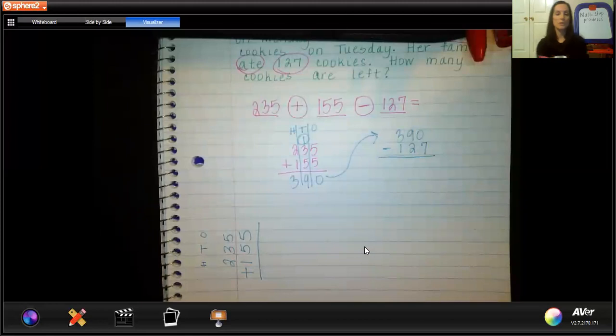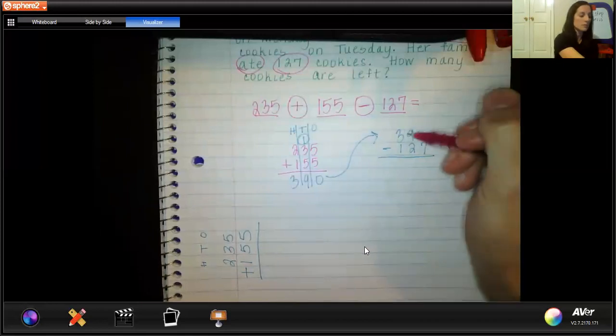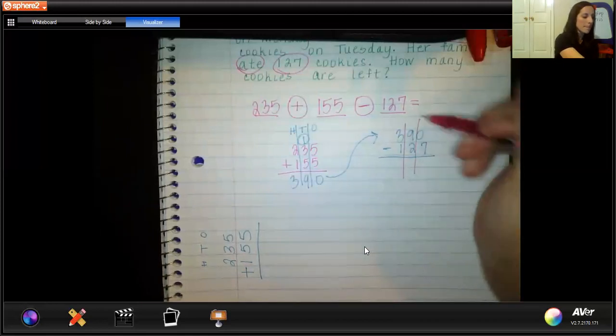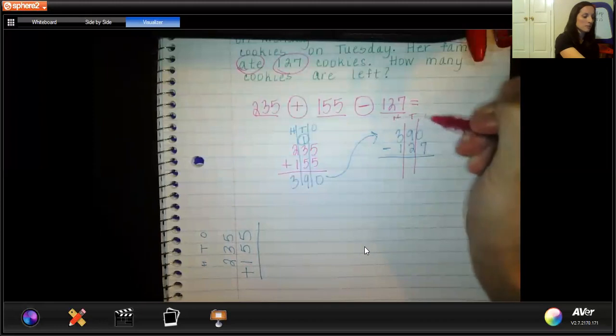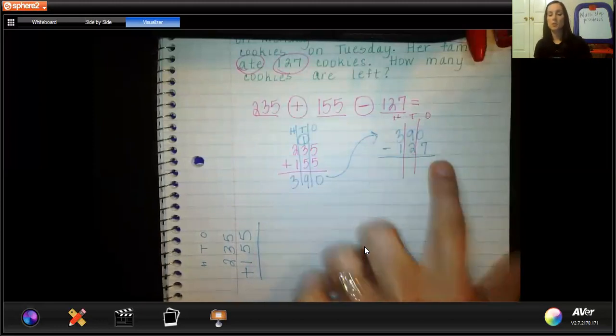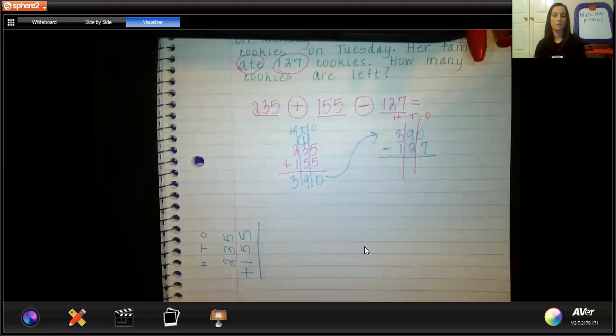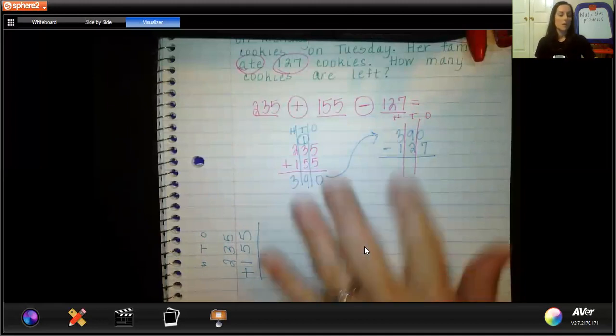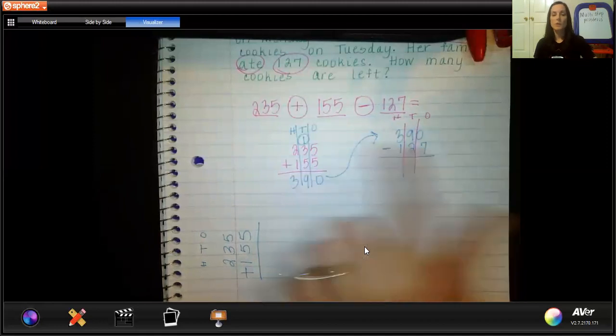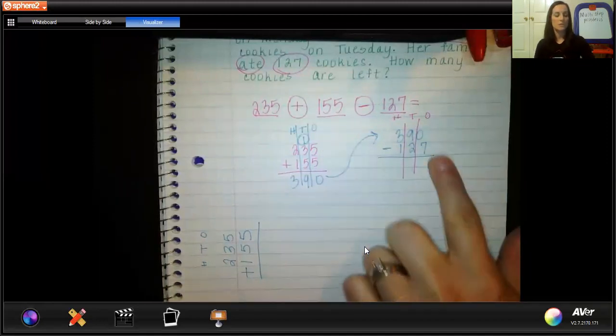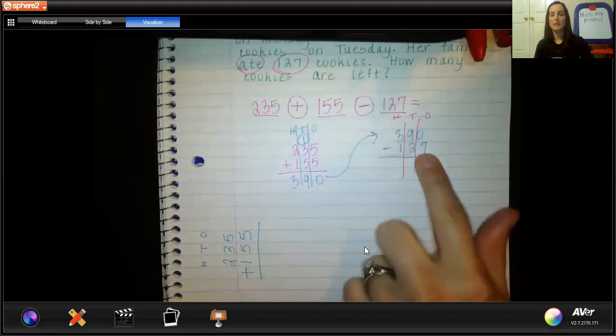And of course, make sure that you're lining up your numbers. We're lining up our hundreds, our tens, and our ones. That's extremely important. Okay. And again, we always start with the ones just like we did on our addition. And we have 0 minus 7.